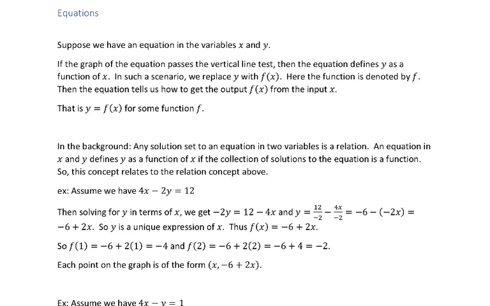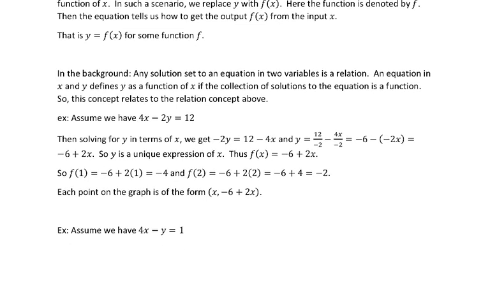Hence, you have a relation, just that relation will have infinitely many points. And you have a function exactly when the graph passes the vertical line test, and that occurs exactly when the relation is a function like we saw before. So that's what I was trying to say earlier.